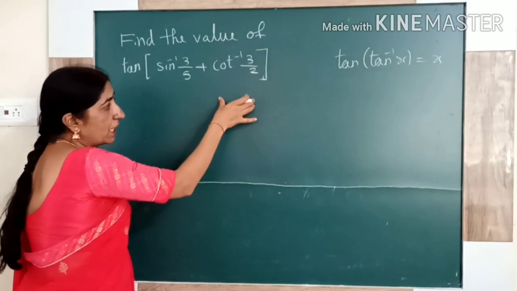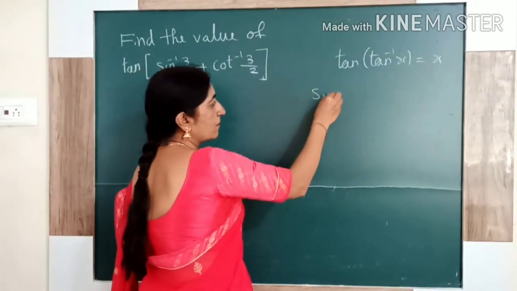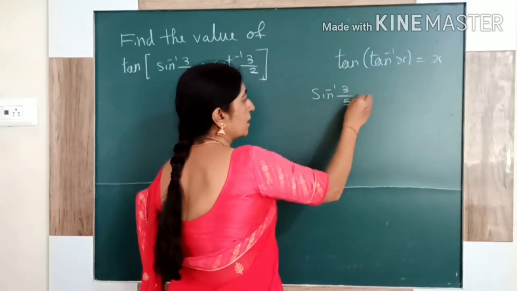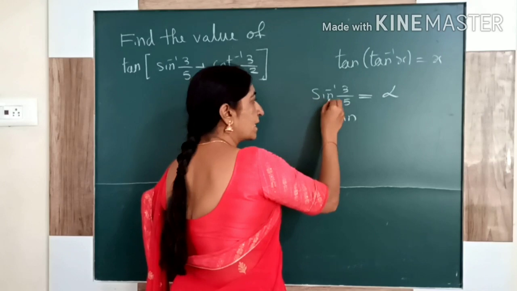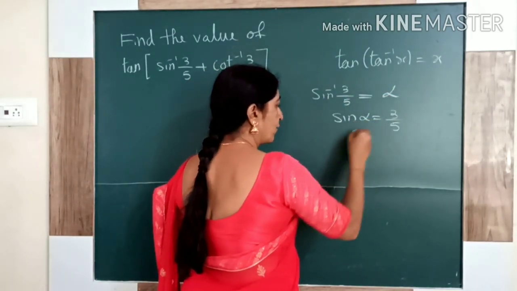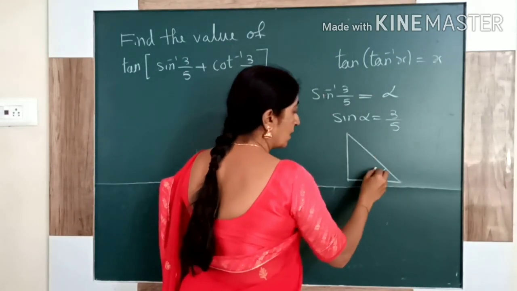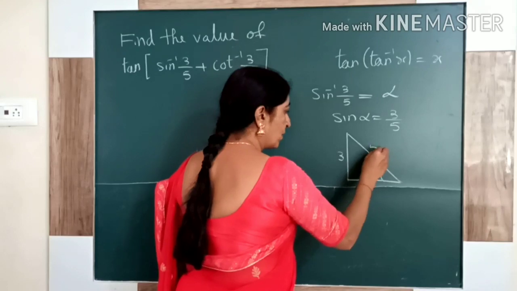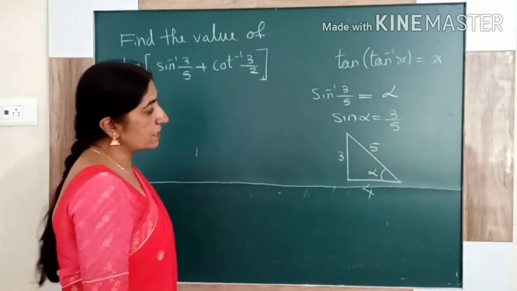This we are converting automatically, but what about sin inverse? For that I am writing like this. Sin inverse 3 by 5 I am taking as alpha. Take only the sin inverse part on that side. Sin alpha is 3 by 5. Draw the right angle triangle. Alpha, opposite upon hypotenuse, this is adjacent with the help of Pythagoras triplets.